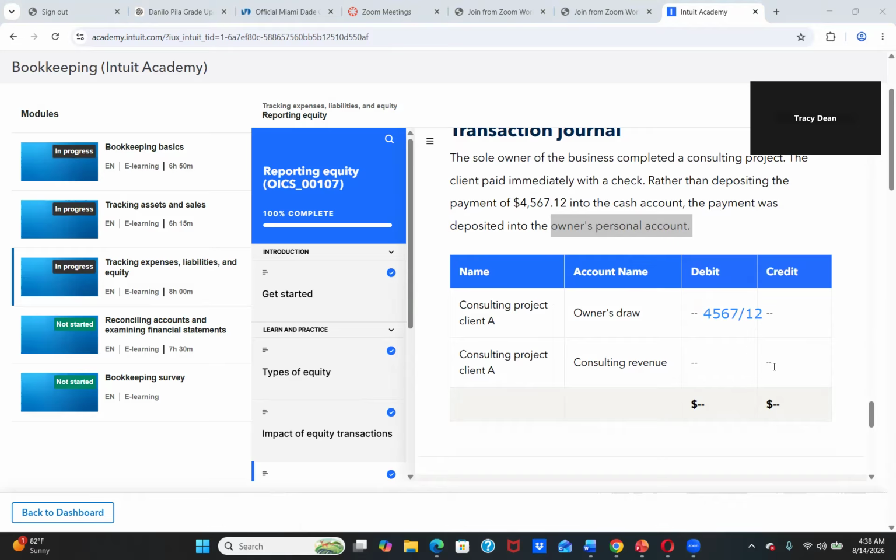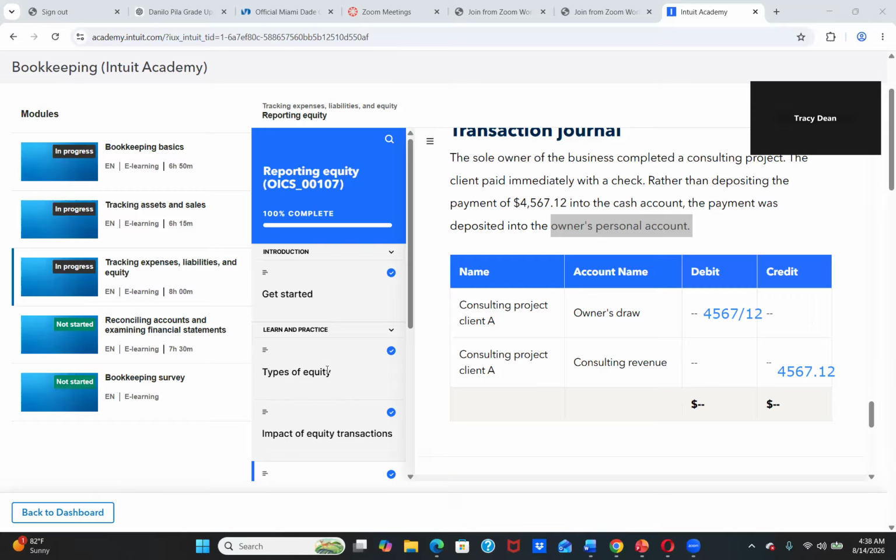And what are we going to do with the revenue? Because the revenue still belongs to the business. We are going to put it into the revenue. So the revenue is going to go up because money came in of $4,567.12. Everybody understands that?